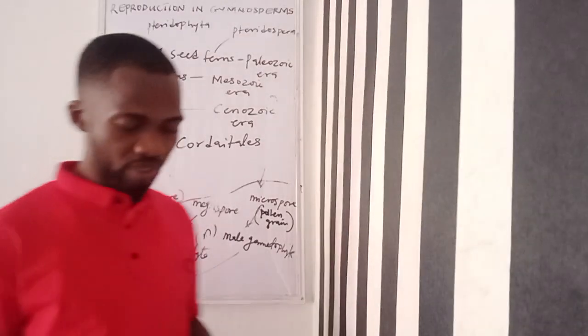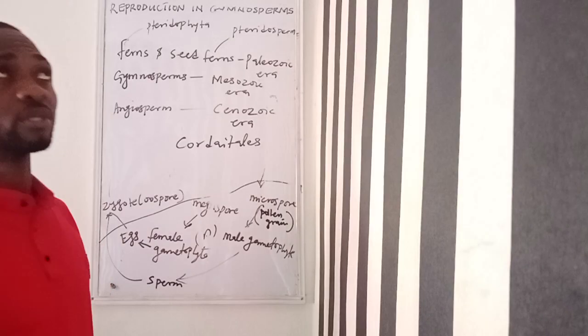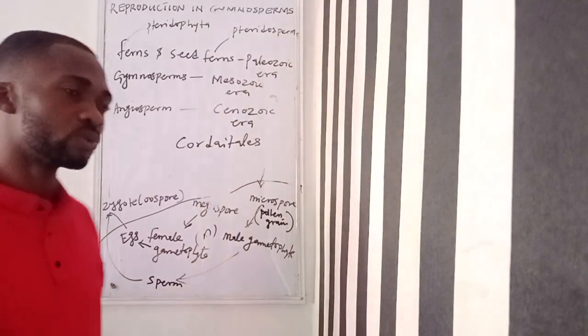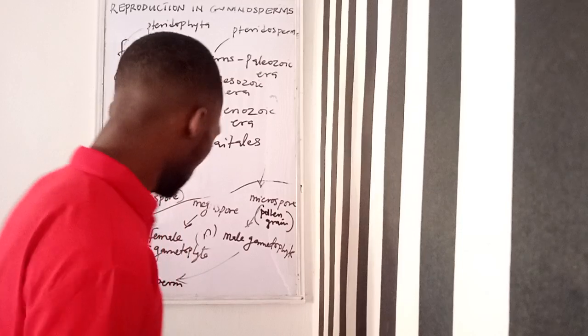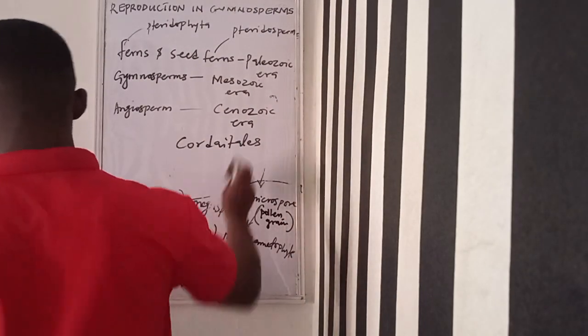Then another important gymnosperm is the Ginkgo. This Ginkgo is in the order Ginkgoales. A living example.